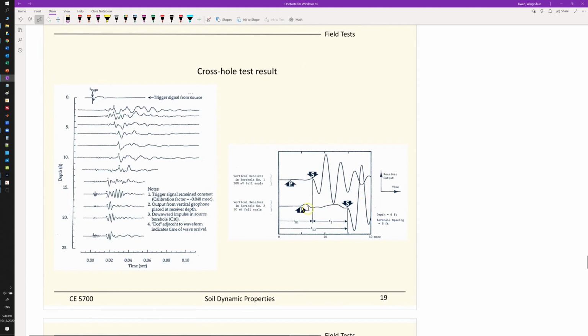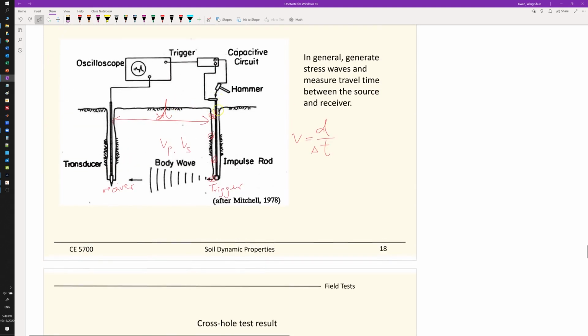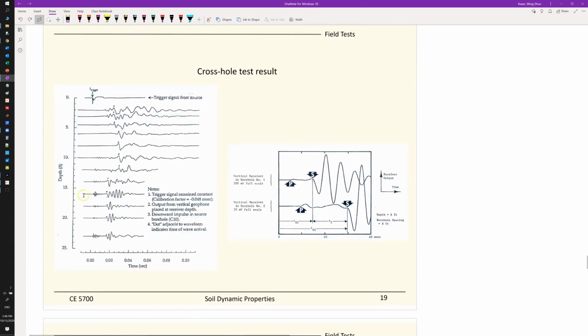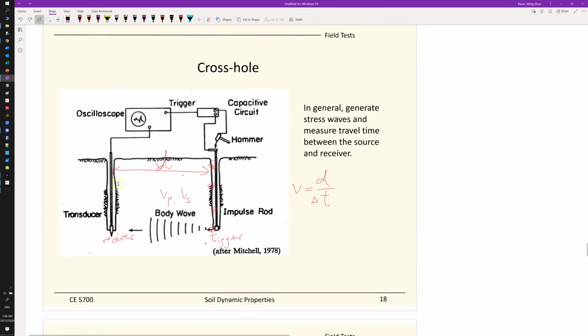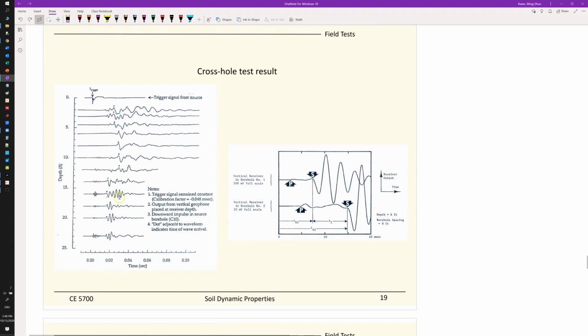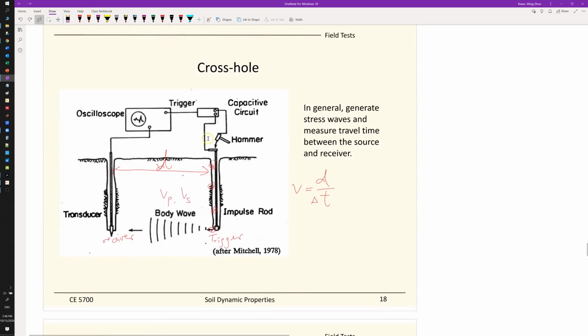The harder part is the data interpretation, because sometimes the data comes out noisy, you need to filter it, and it may not be easy to clean up the data and to tell at which point is the arrival time. In these examples, you send a trigger at the ground surface, and at different depths you have a series of receivers.